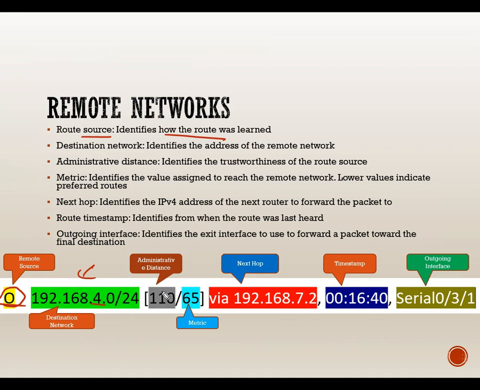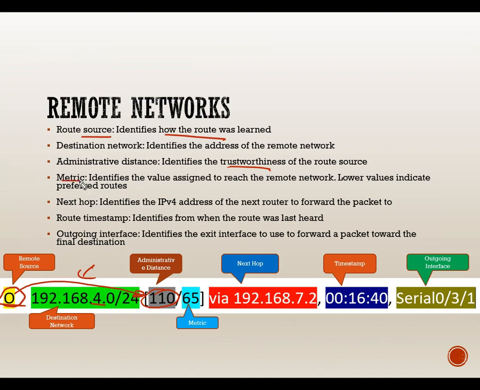The administrative distance, we're going to have a table here in just a second, is how trusted is that source. And OSPF happens to have an administrative distance of 110. So it's going to be more trusted than some and less trusted than others. We're going to have a couple of slides where we'll have the table that shows the administrative distance for each of the routing protocols. It identifies the trustworthiness of the route.